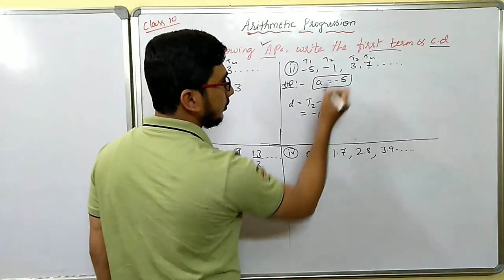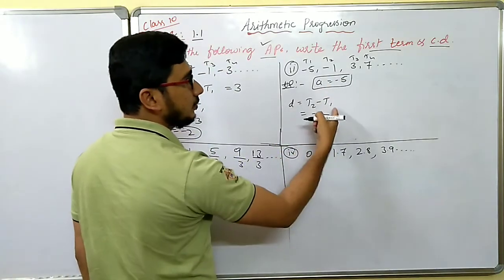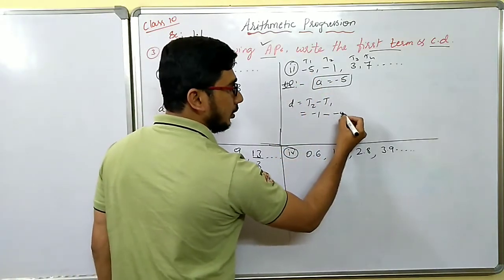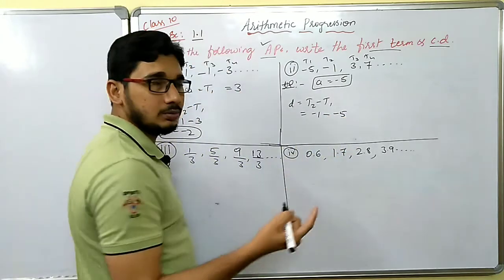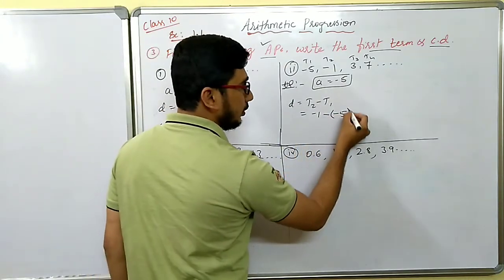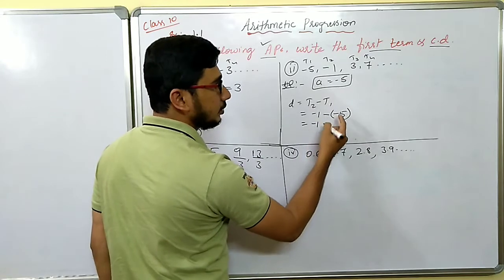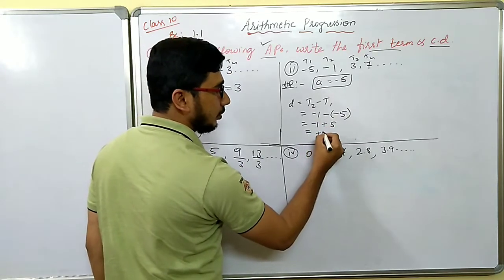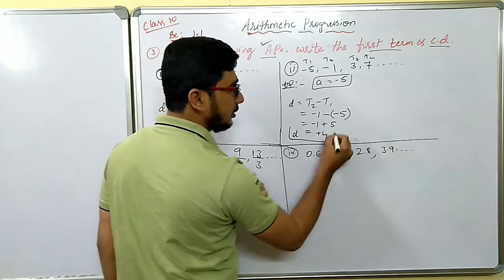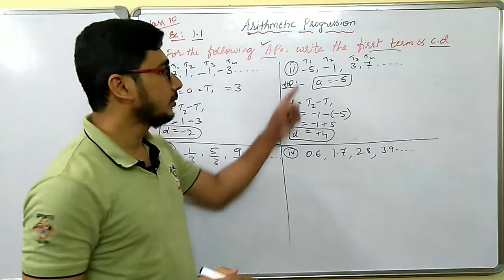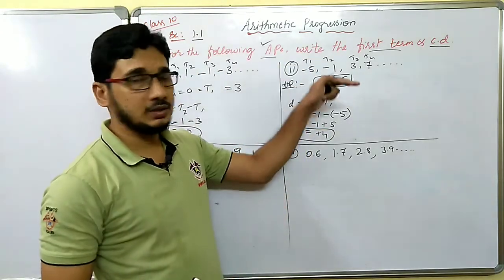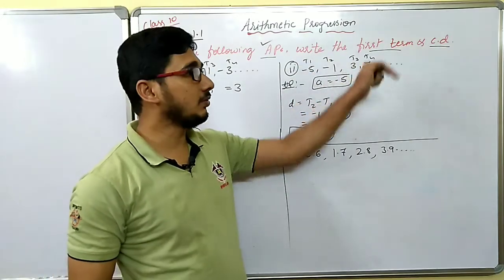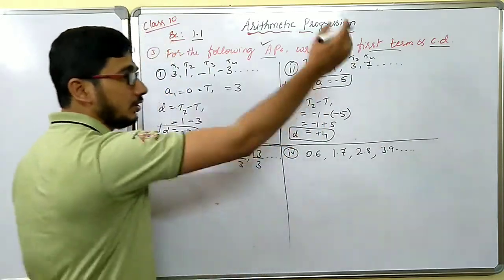So t2 is minus 1, this minus I'll write as it is, t1 is minus 5. Two same signs should not come next to each other, so put the bracket: minus into minus plus 5. So plus 5 minus 1 is plus 4. The difference is increasing by 4. See, minus 5, minus 1, increasing, 3, 7, like that it goes, 11 will come.